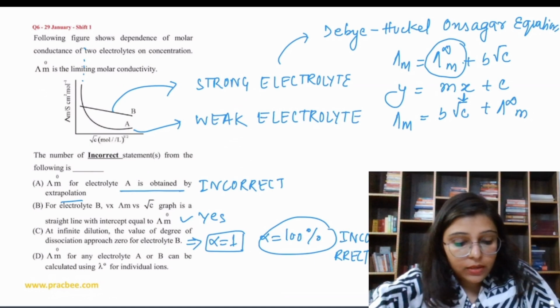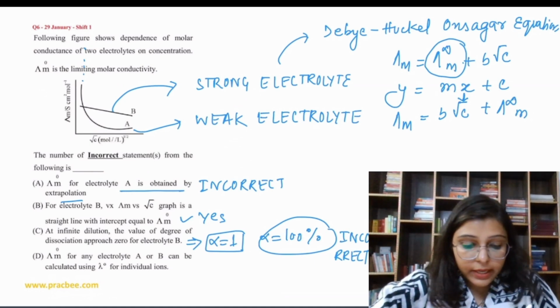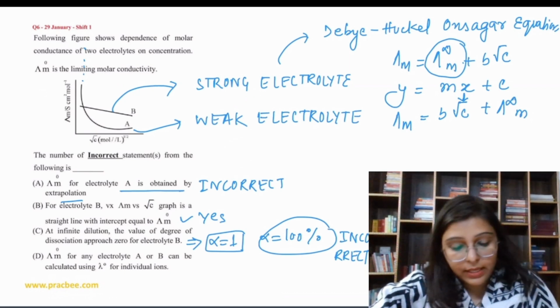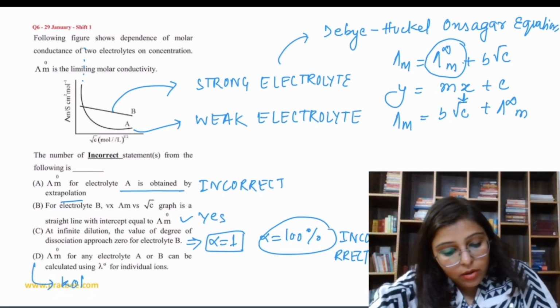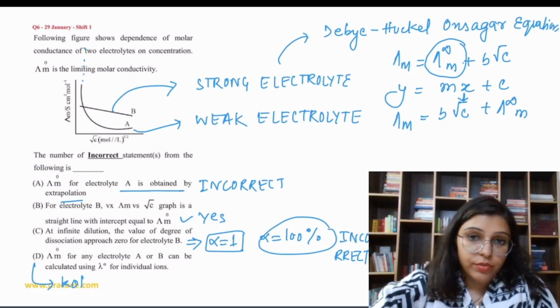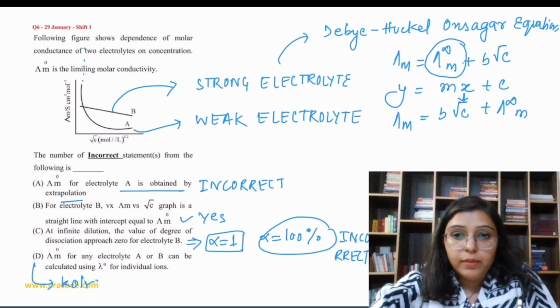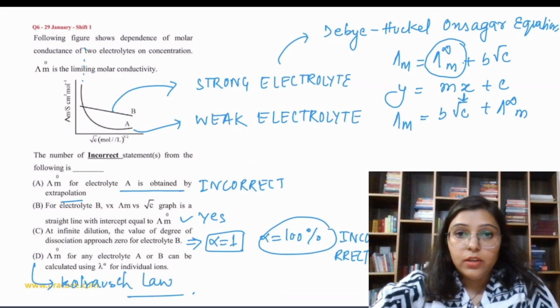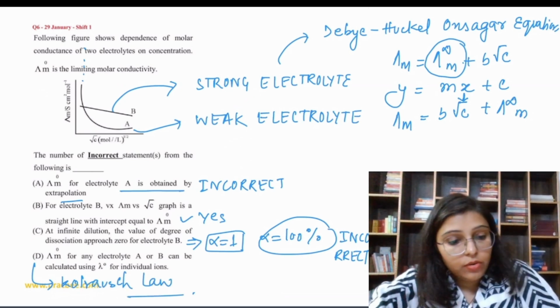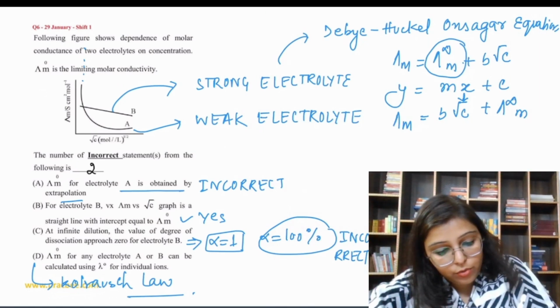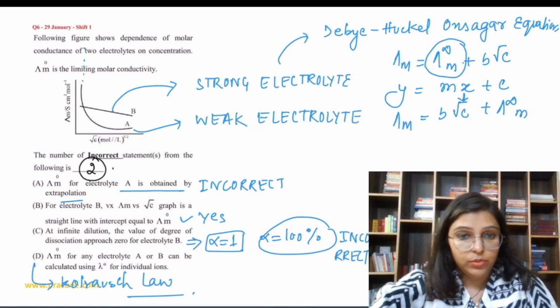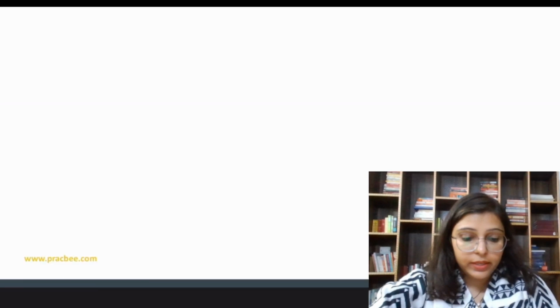Now the last statement: lambda naught m for any electrolyte A and B can be calculated using lambda naught for individual ions. Yes, that is as per the Kohlrausch law of independent migration of ions. So how many incorrect statements out of the following? We have a total of 2 incorrect statements. The answer is 2. Now let's do the next question.